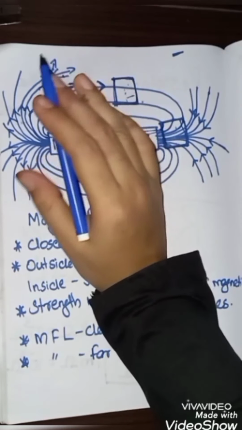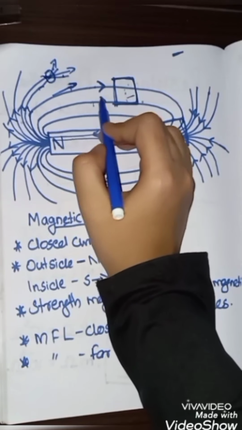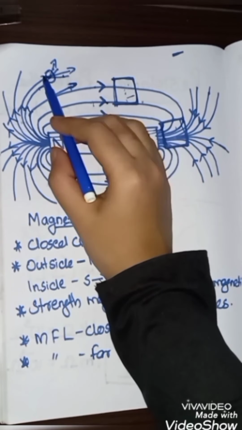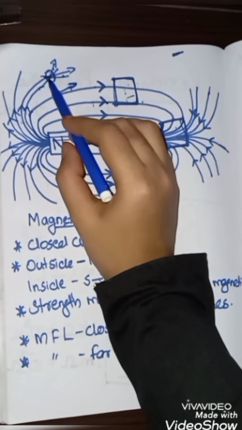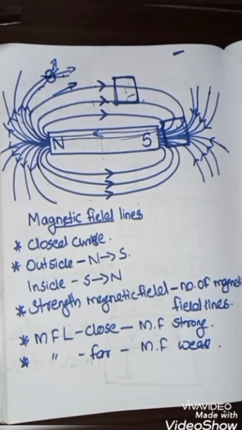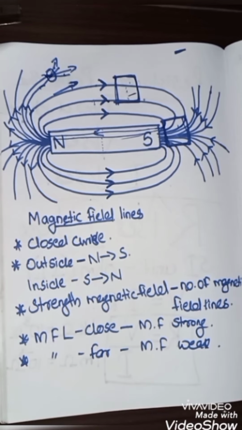So the magnetic field lines never intersect each other. When they cross each other, there may be two directions at the same point, because the direction is the tangent. It is not possible. Hope you understand.